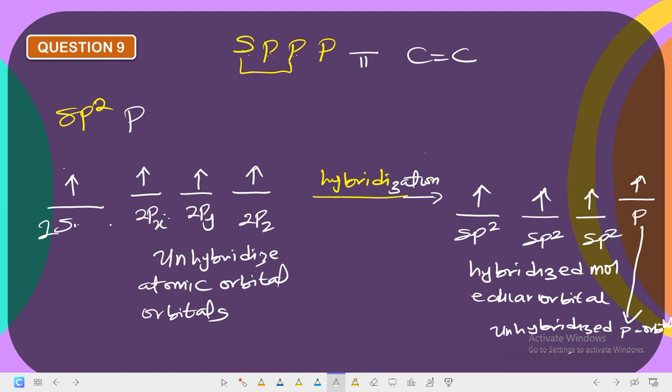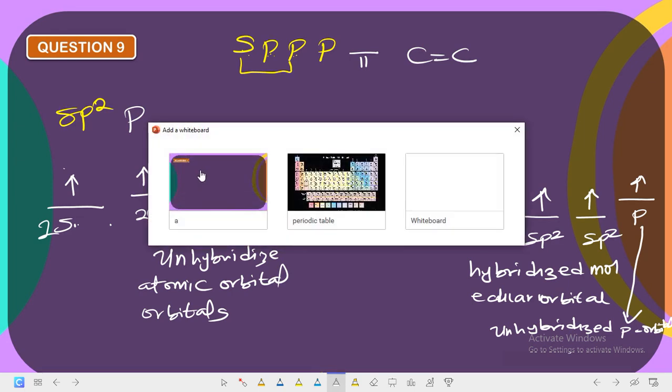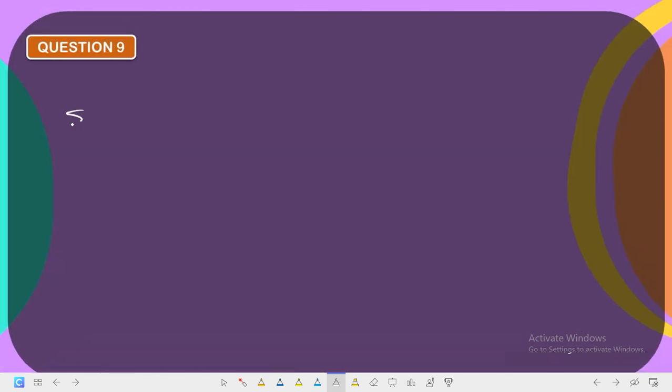Now, with this understanding, I believe we should be able to do the one for sp, right? Sp will just be how many orbitals will hybridize? Just 2. So if we have s, p, p, for sp, only 2 orbitals will hybridize. And according to the rule, when 2 orbitals hybridize, you have sp, then this s hybridizes with this p, and this p hybridizes with this s to form another sp.